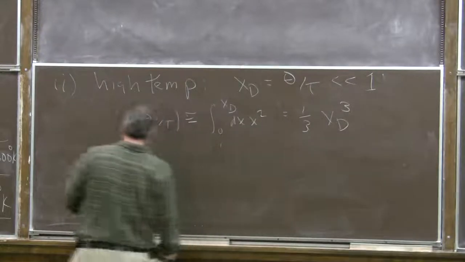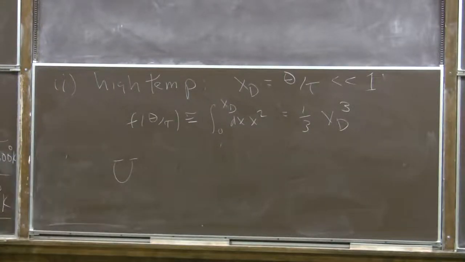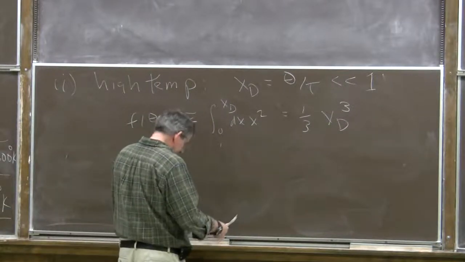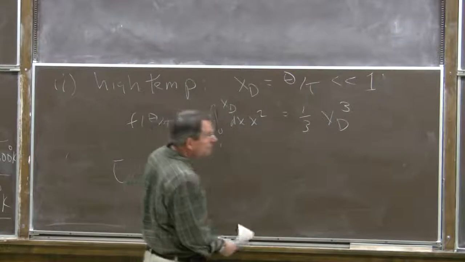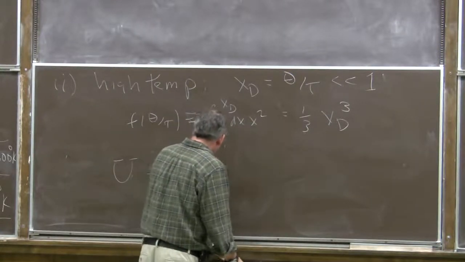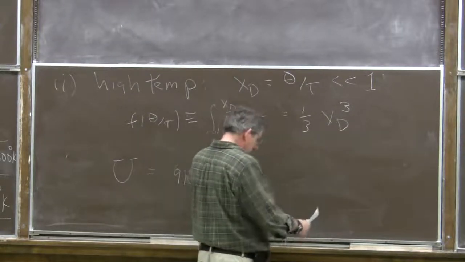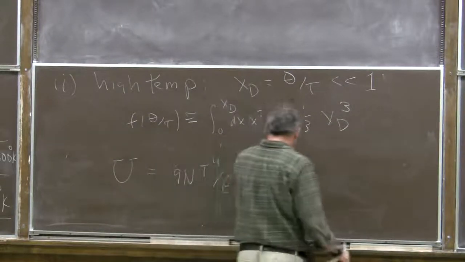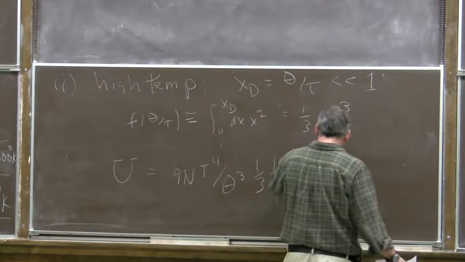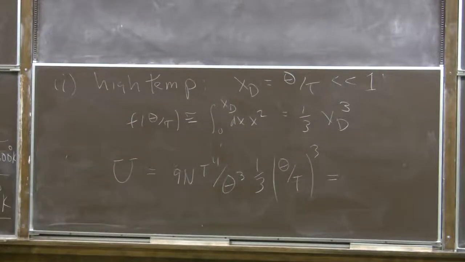So now what we get for the energy stored in the thermal oscillations is what? We had 9n tau to the 4th over theta cubed, 1/3. And now we have a factor of theta over tau, otherwise known as x Debye, cubed. So we get something quite simple.